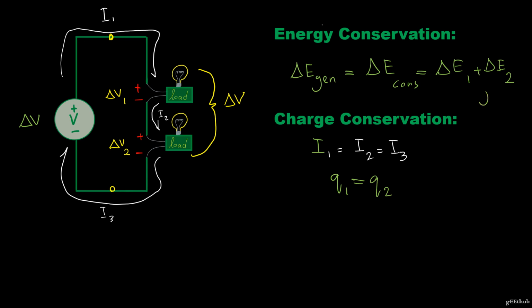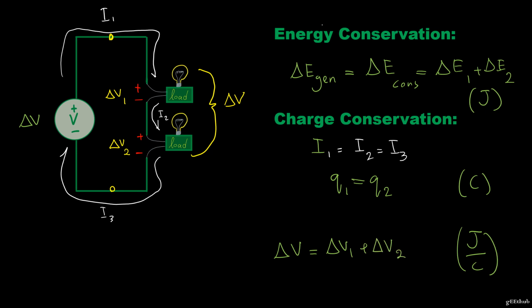So my energy in joules is conserved, my charge in coulombs is conserved, then this must mean that my voltage, which is in joules per coulomb, must also be conserved here. So then I can say that delta V is equal to delta V1 plus delta V2. So each one of these loads consumes a little bit of potential energy, and combined it must equal the potential energy of the source.